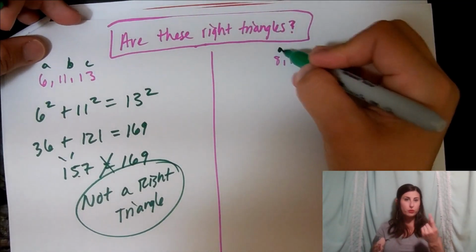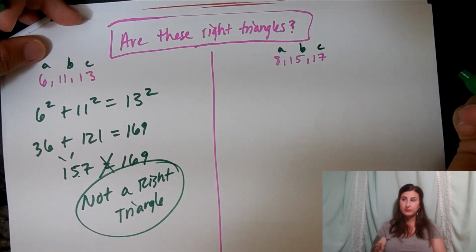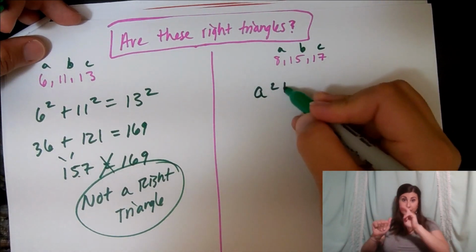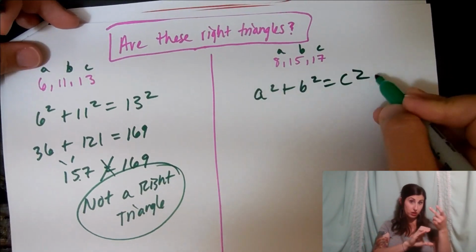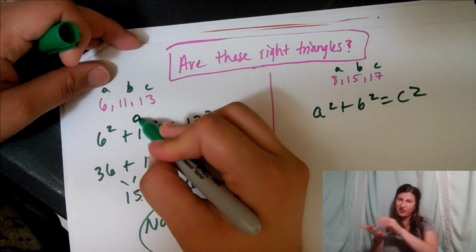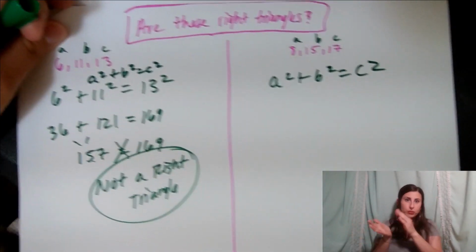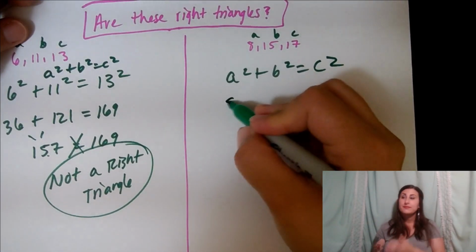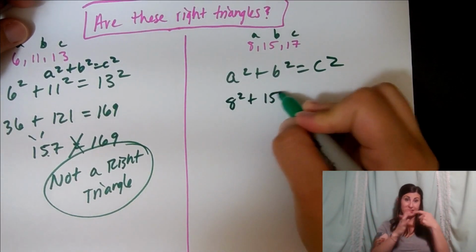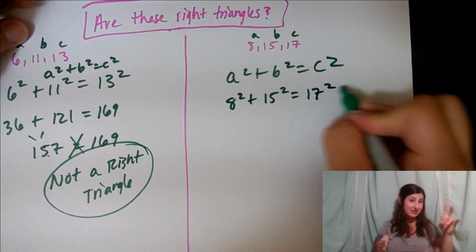Let's look at this one. A, B, C. A squared plus b squared equals c squared. I should have started with that over here. I should always write that down for each problem that I do. So 8 squared plus 15 squared equals 17 squared.